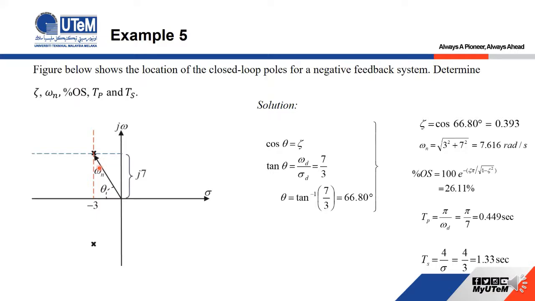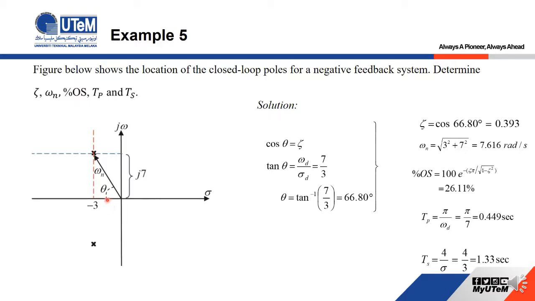To calculate the value of zeta, we just use this theta, and the formula to calculate zeta is cos theta. We just calculate this theta first. How to calculate this theta? We can use tangent, where tangent theta is equal to 7 divided by 3.